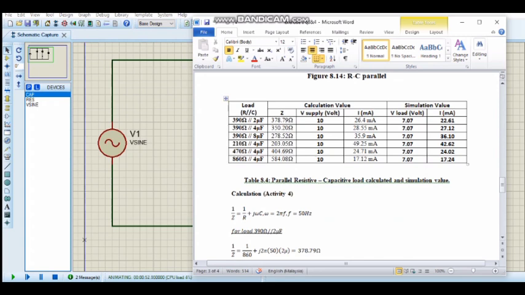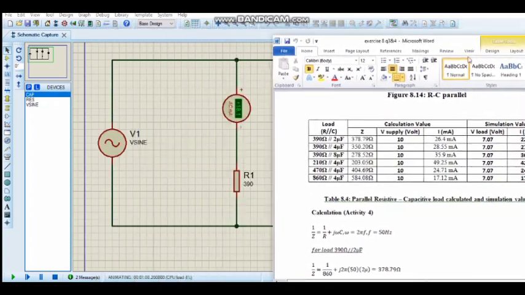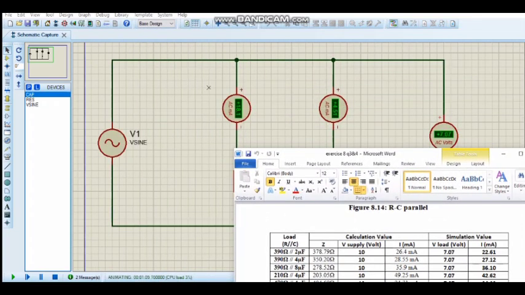For the simulation value, we got the load voltage is 7.07, for all circuits with different RC values, and the current is both the total current and the R and C currents.